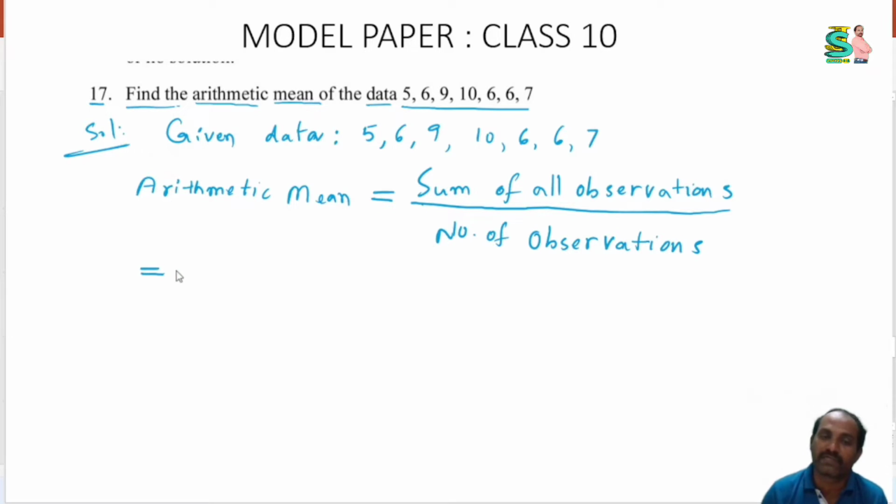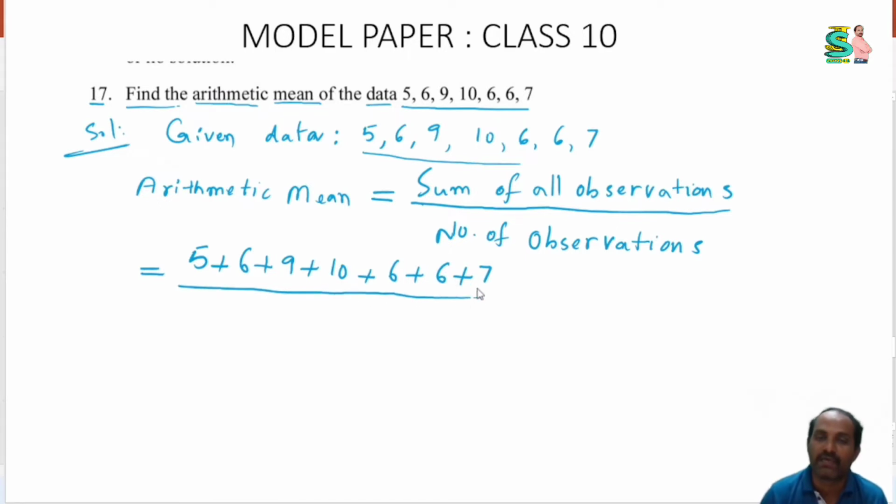Sum of all observations means you should add all the given data there. So 5 plus 6 plus 9 plus 10 plus 6 plus 6 plus 7, by how many are there? 1, 2, 3, 4, 5, 6, 7.